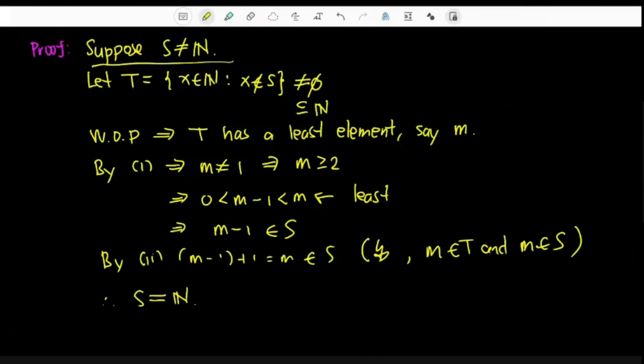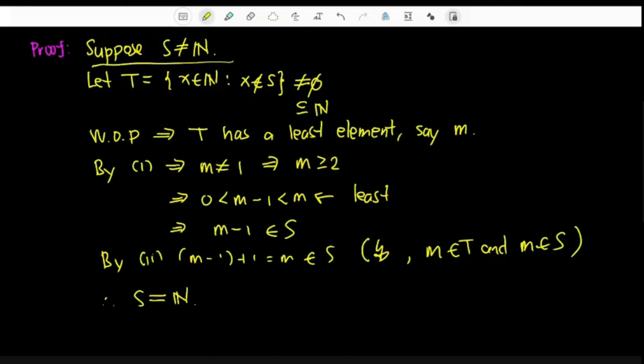In simple terms, the weak version of induction means that if you have a set containing 1, and the second assumption says that if you have an integer, then the next integer is also in S. Since 1 is in S, then by the second assumption, 2 will be in S. Again, since 2 is in S, then the next integer, which is 3, will be in S. Since 3 is in S, then 4 is also in S, and so on and so forth.